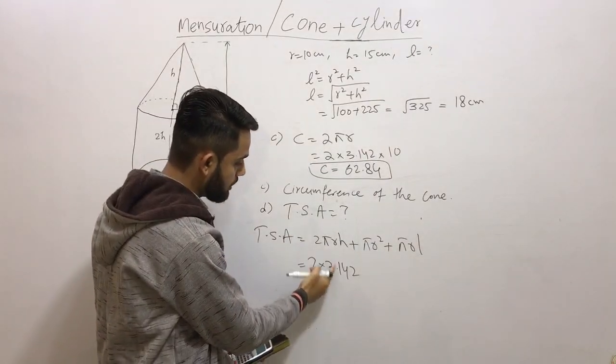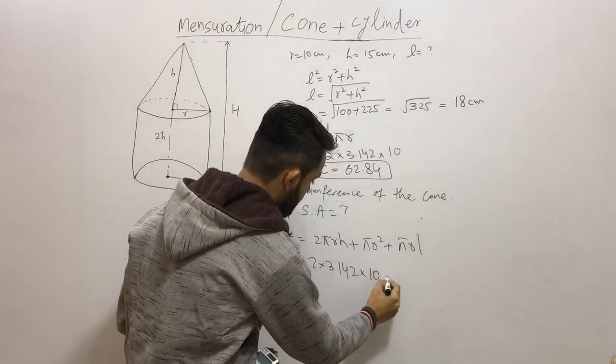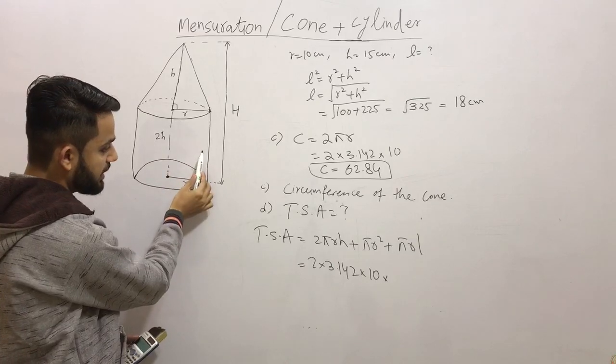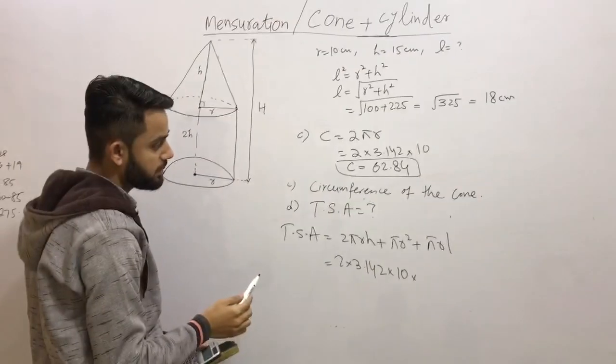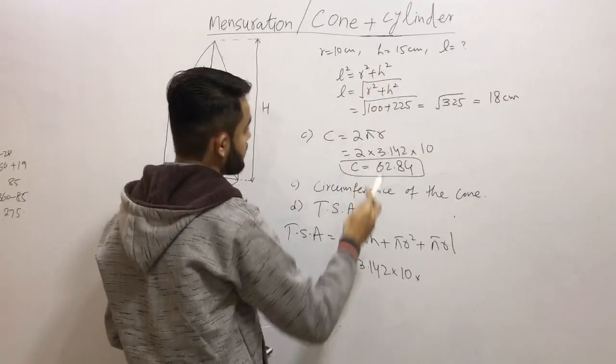Okay, so 2 multiplied by 3.142, radius that we have is basically 10, and h, the height of the cylinder, is basically 2h, and 2 times h is 30.